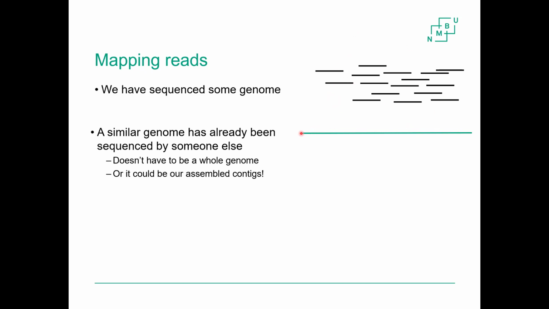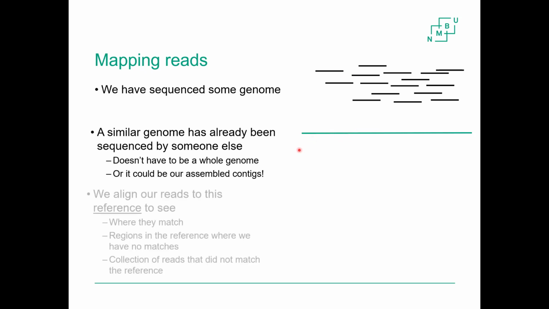Typically, we have sequenced a strain of some bacterial species, and this is the genome of some other strain of the same species, right? So it has to be very similar to the one we just sequenced, otherwise this is pointless. And now we want to align the reads to this reference, right? This is what we call a reference, this already existing genome sequence.